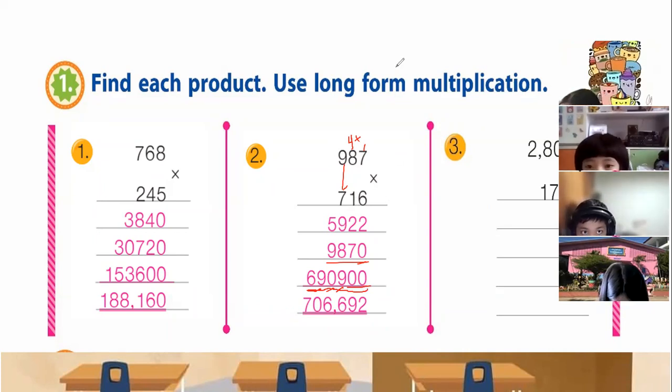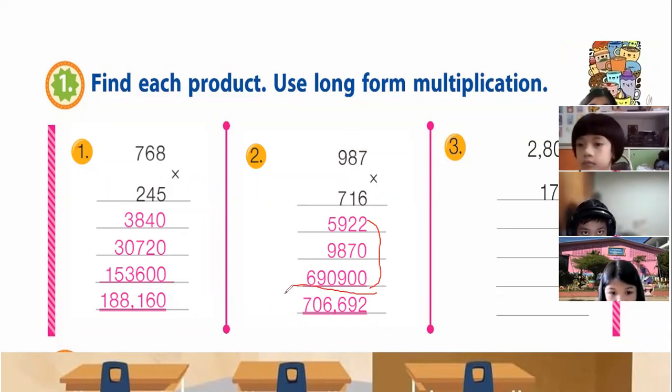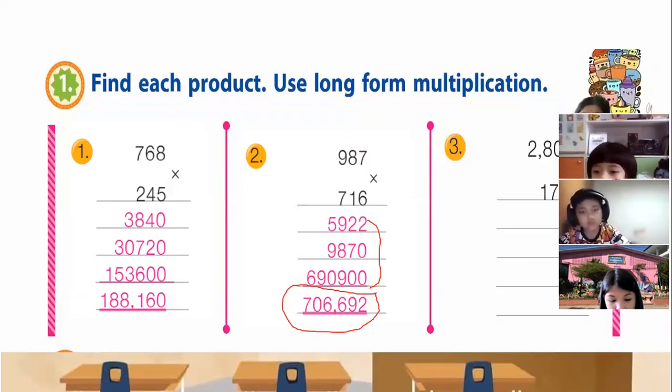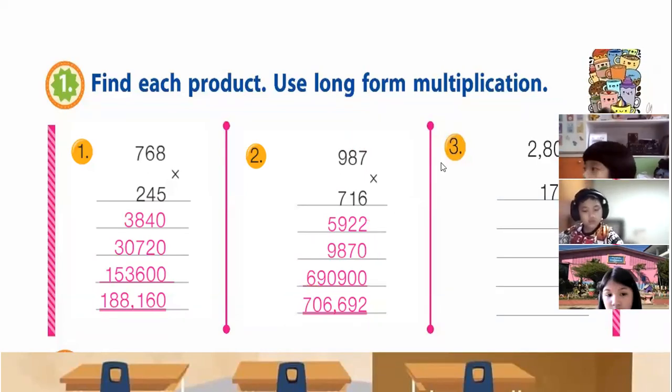Now what we are going to do, we are going to make the sum of that by addition. So we will have the product that is 706,692.